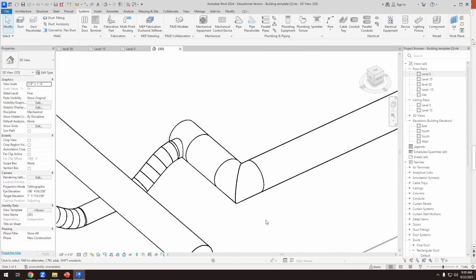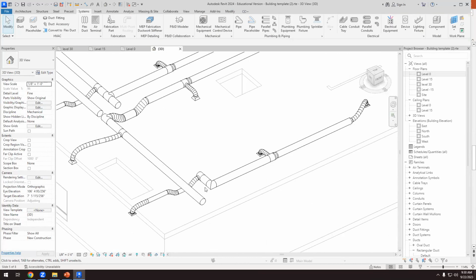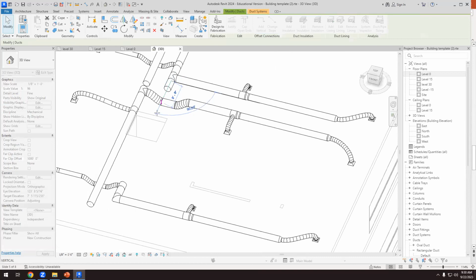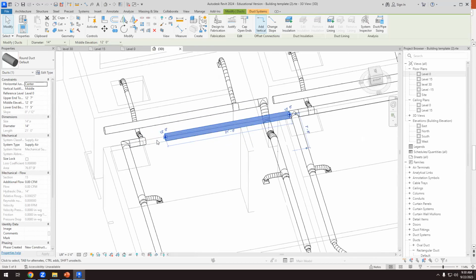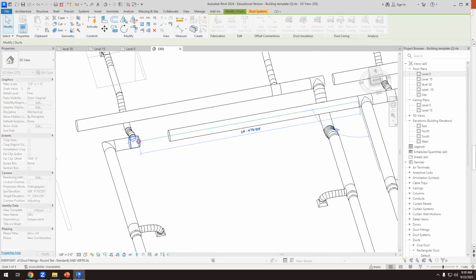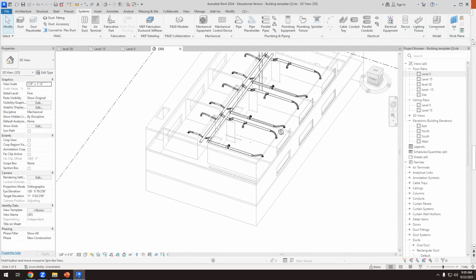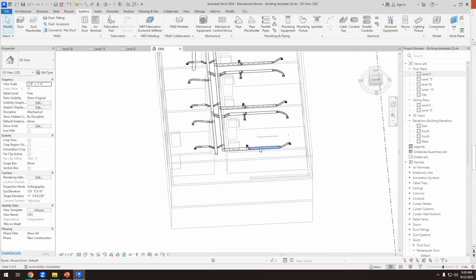So I select minus and I have an elbow. Amazing. And now I can connect this one all the way. I have to connect it to that T.